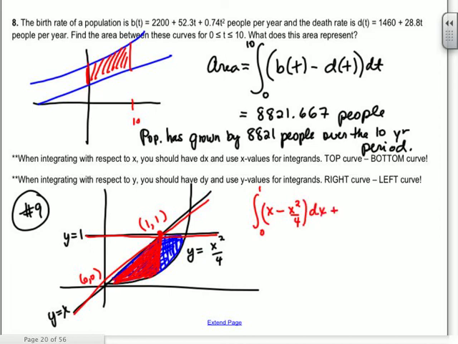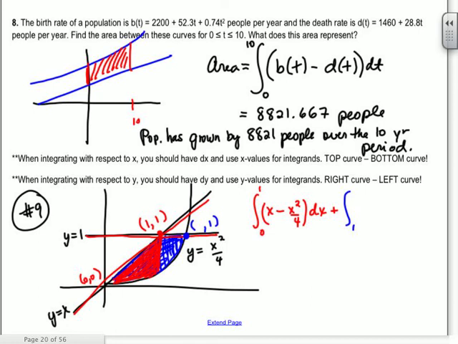Okay, now for the blue area. Top curve minus bottom curve. Do you guys see it? For the blue one, we're going from 1 to, what's this point of intersection? 1 is for y, because it's on the line y equals 1. What's the x?